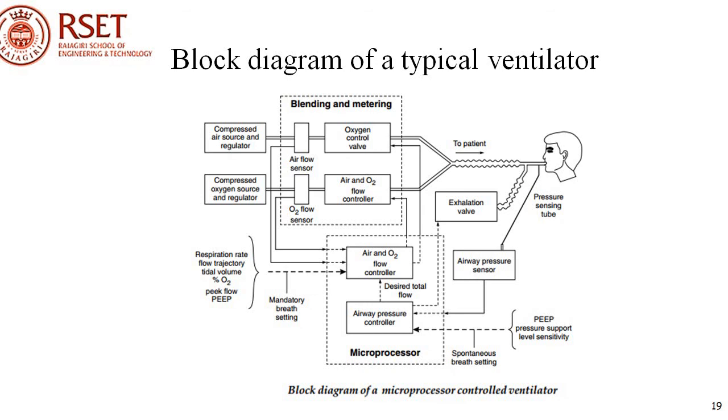Microprocessors are used to control each valve to deliver the desired inspiratory air and oxygen flows for mandatory and spontaneous ventilation. The electronic control system may use one or more microprocessors and software to perform monitoring and control functions in a ventilator, including setting of the respiration rate, flow waveform, tidal volume, oxygen concentration of the delivered breath, pressure support level, sensitivity, etc. There are many sensors connected to the electronic processing units that monitor pressure, flow and oxygen fraction.